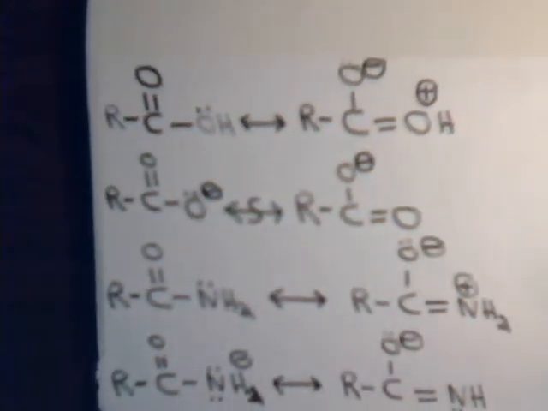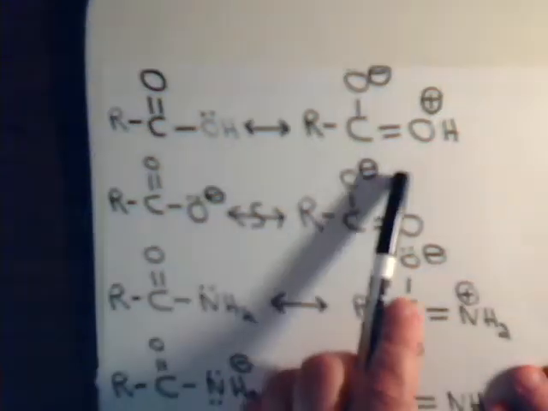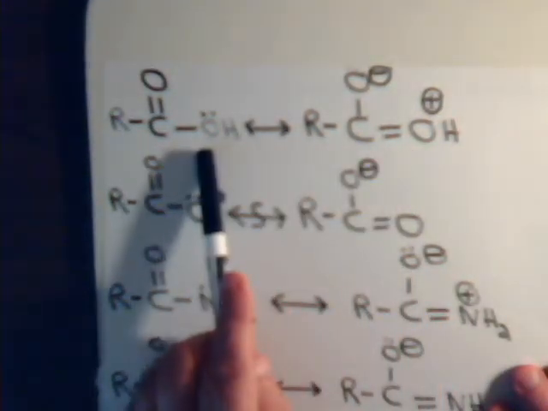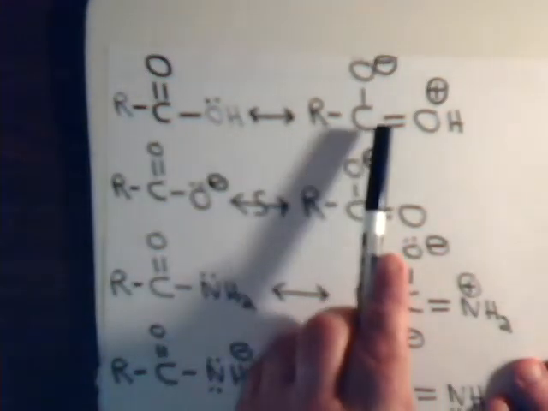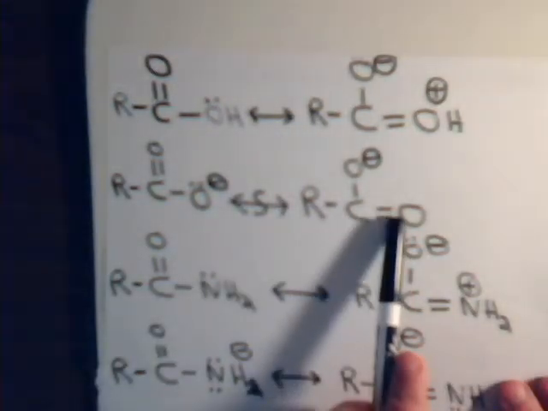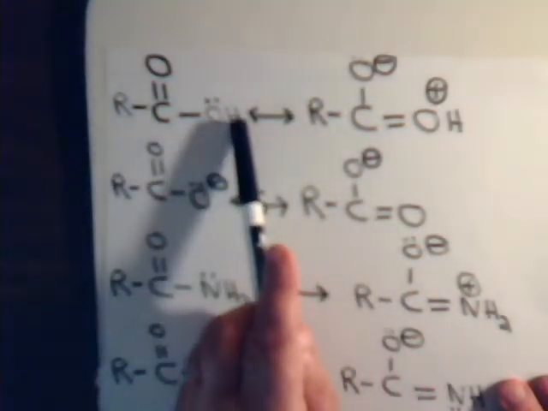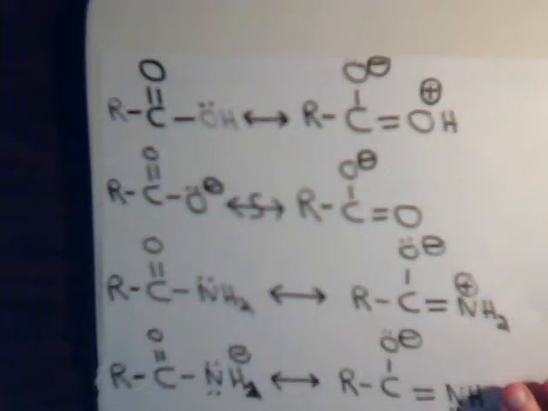Therefore, the carboxylic acid is more acidic than the amide. And reason number 3, if we go back and look at the protonated form of the carboxylic acid, we saw that we can write a resonance structure, but the resonance here is not nearly as good as the resonance here, so it's still motivated to lose that proton.